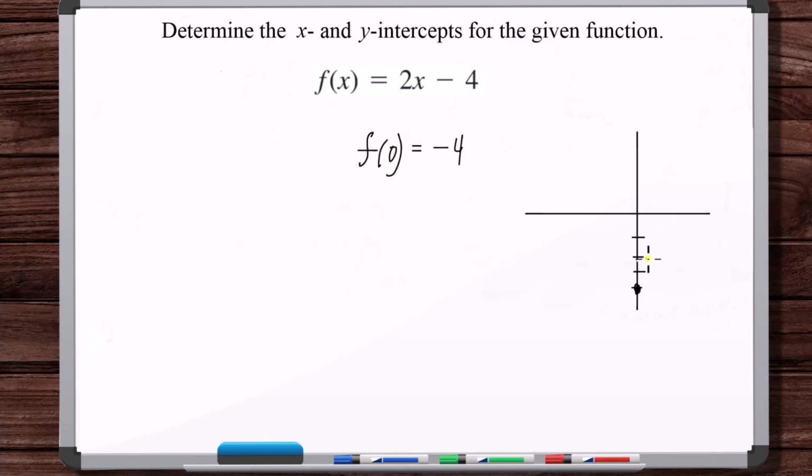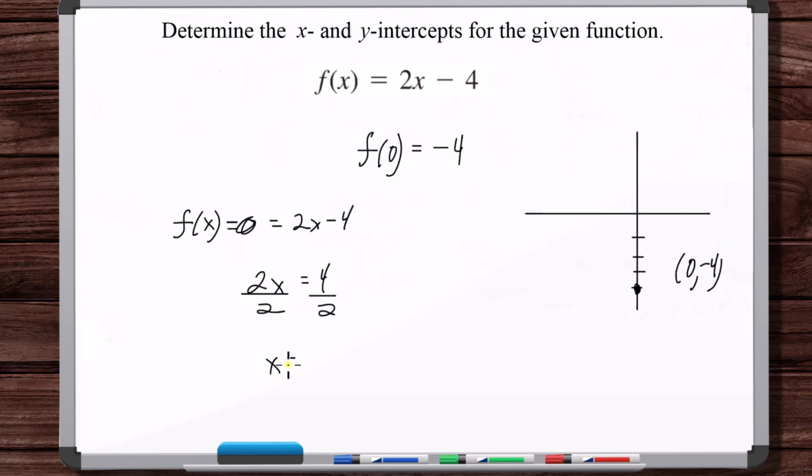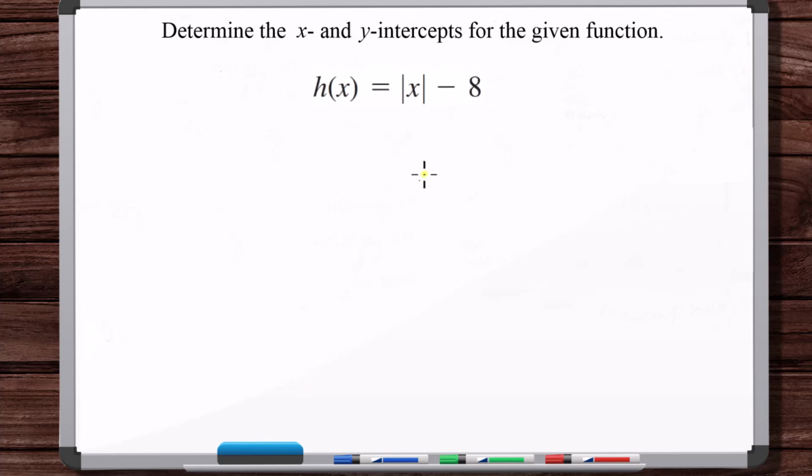The point is (0, -4). Now if we want to find the x-intercept, we set y equal to 0 and solve for x. So 2x minus 4 is equal to 0. Add 4 to both sides. Divide both sides by 2. x is equal to 2. So there's the x-intercept.